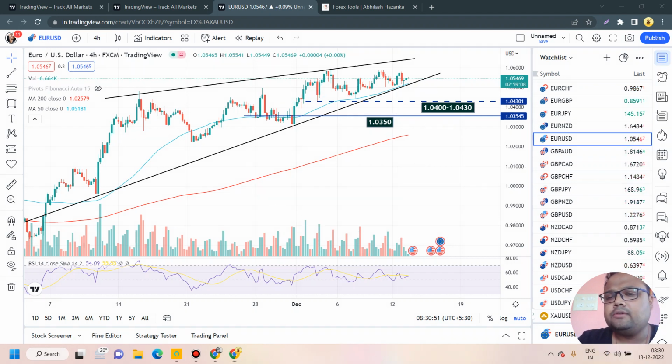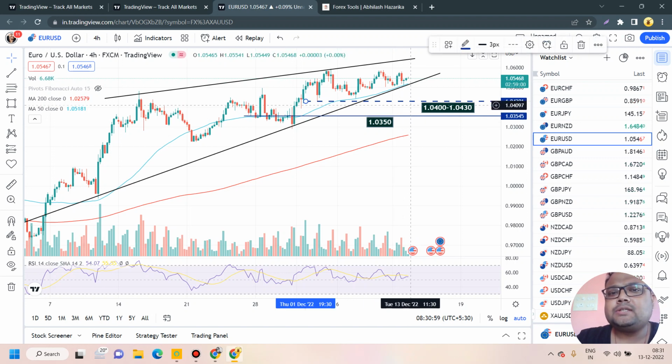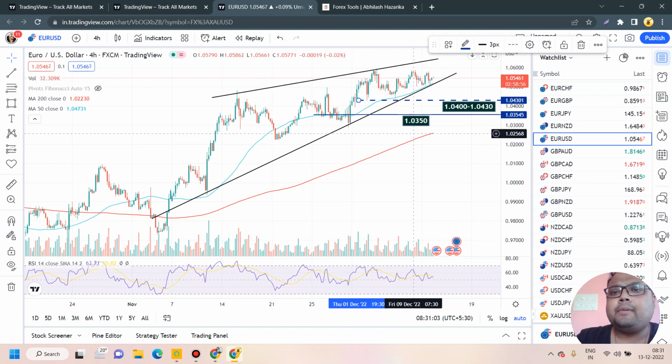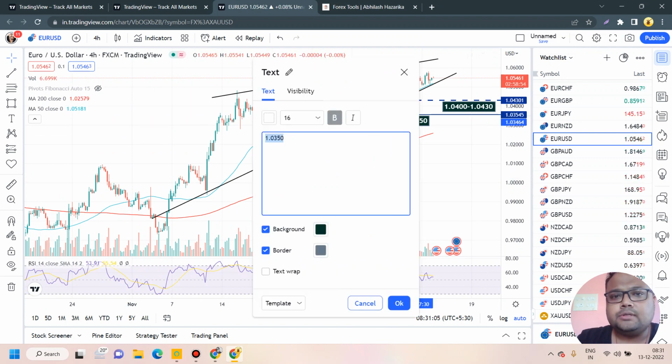Before the news, both levels should work, 1.0400 to 1.0430. But after the news, the chances of 1.0430 are very less, and we can keep our eyes on 1.0350 to 1.0300 after the news.